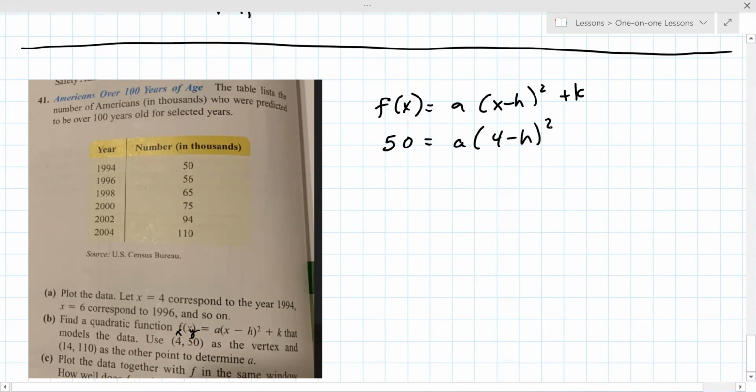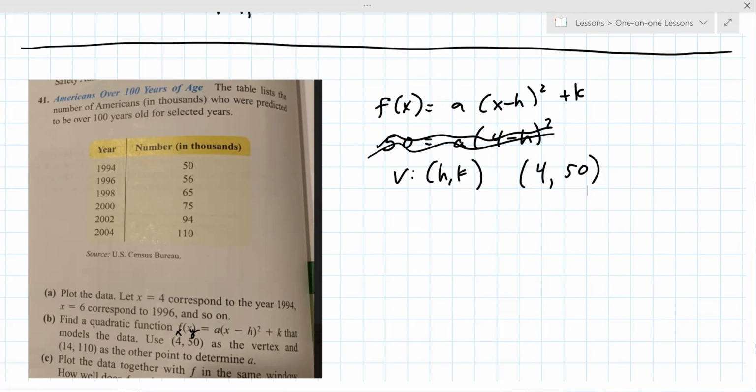Oh, as the vertex, I apologize. I didn't read that. That means that the vertex is h comma k. That means that h is 4 and k is 50. All right, so a times (x minus 4) squared plus 50. Is that what that is?